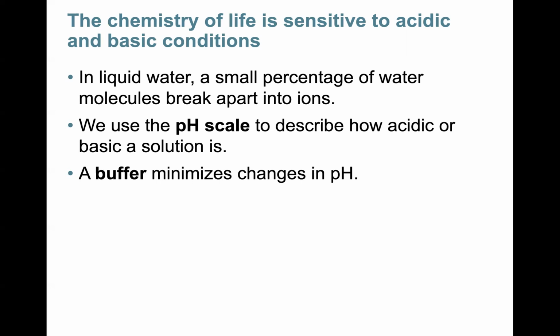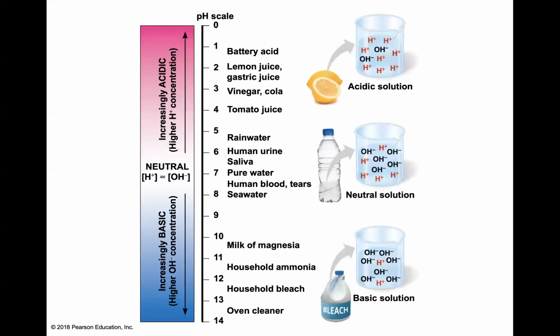All right, so let's take a look at this pH scale. All right, the pH scale ranges from 0 to 14. Okay, and again, it can tell us how acidic or how basic or alkaline a solution is. All right, remember we're saying that this solution is created with water as the solvent.